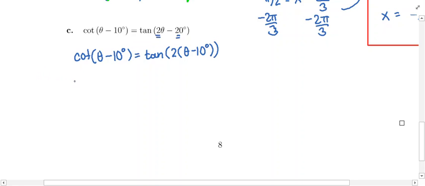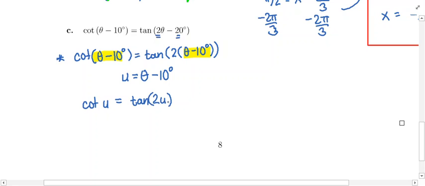Okay, so what I can do now, because I'm seeing a match, I'm going to name this something. I'm going to call it u. Okay, let u be theta minus 10 degrees. So now with this substitution, I'm going to rewrite this. I'm going to get that the cotangent of u is equal to the tangent of 2 times u.